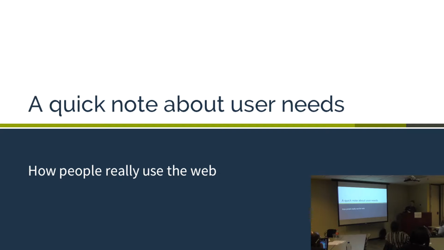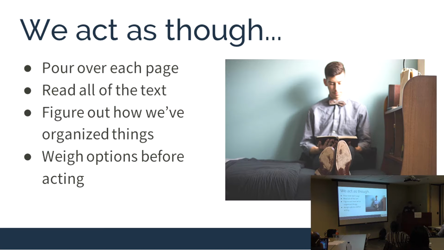Before we go any deeper into the prioritization thing, I wanted to include a quick note about how people use the internet and usage patterns that I've observed. When creating sites, a lot of people tend to act like their users are going to pore over each page, read our finely crafted text, figure out how we've got things organized, and carefully lay out options before deciding what to click.